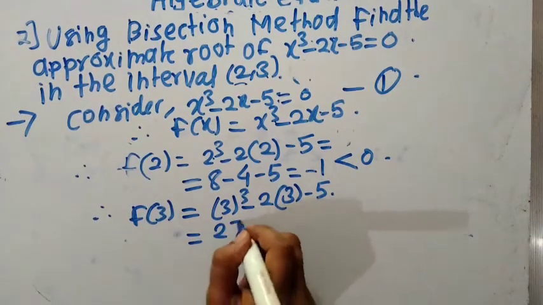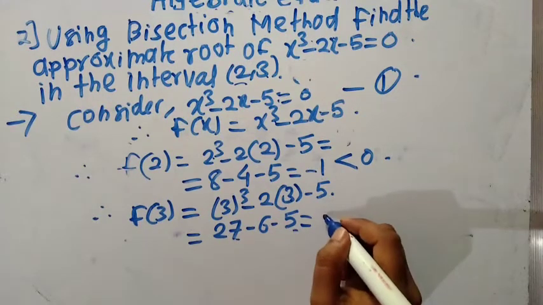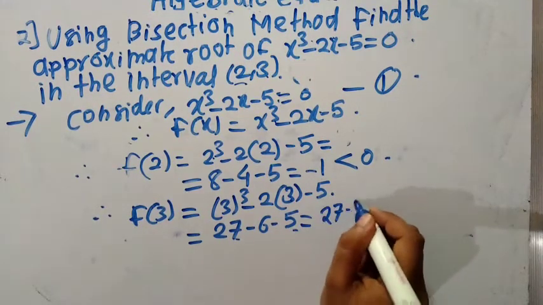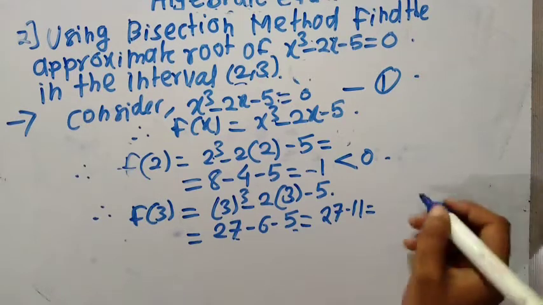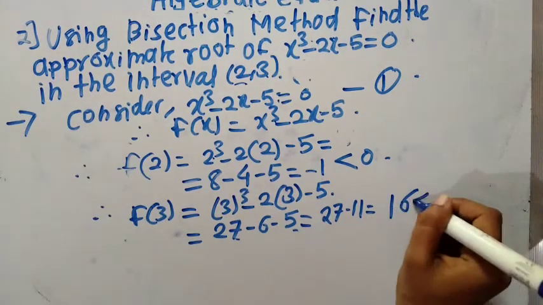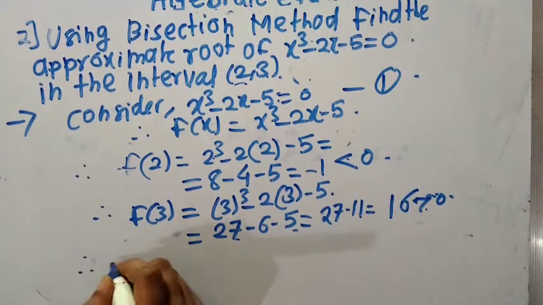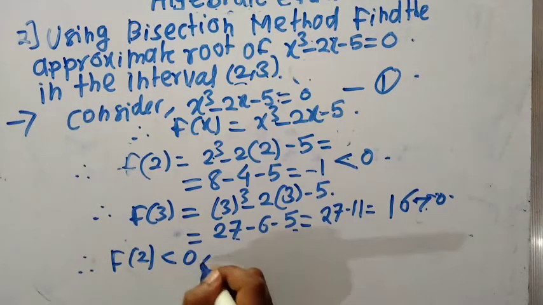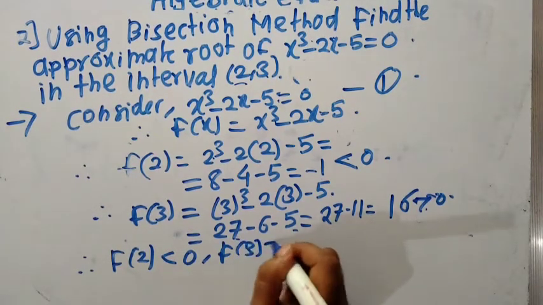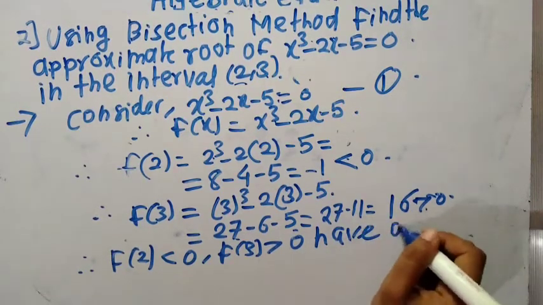So 3 cube is 27 minus 6 minus 5. So 27 minus 11 is equal to 16, is greater than 0. And f of 2 less than 0 and f of 3 greater than 0 have opposite sign.